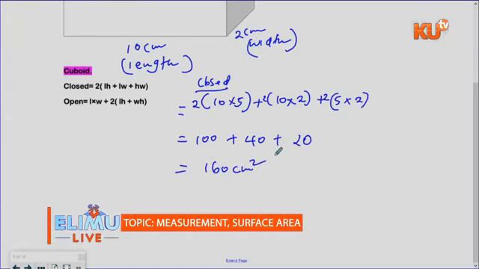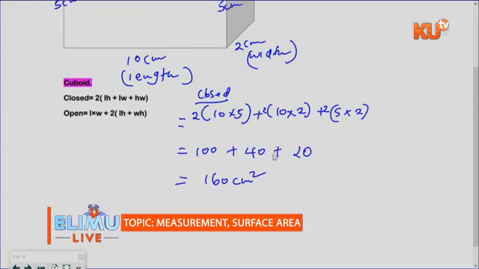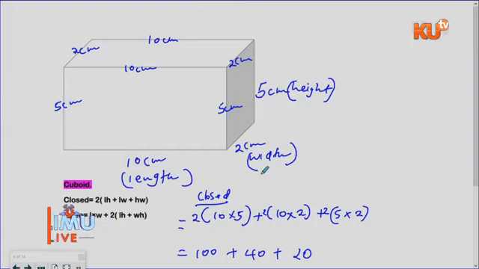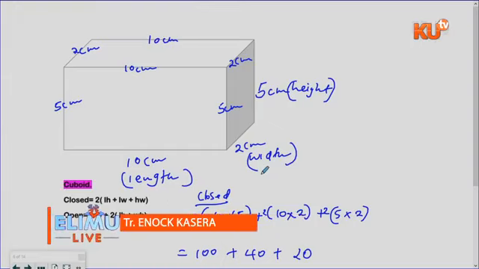So the most important thing here is for you to understand that if you're working out the surface area of a cuboid, a cuboid has got 6 faces. That is if it's closed.